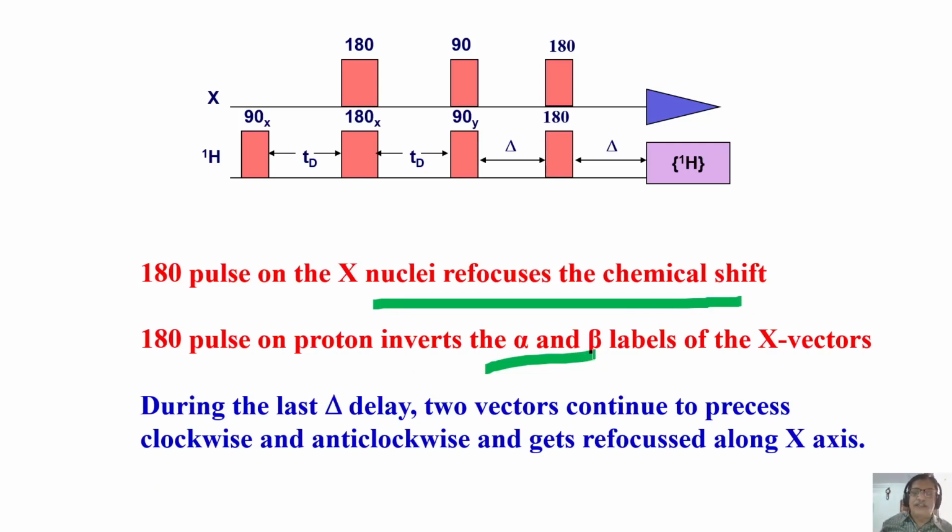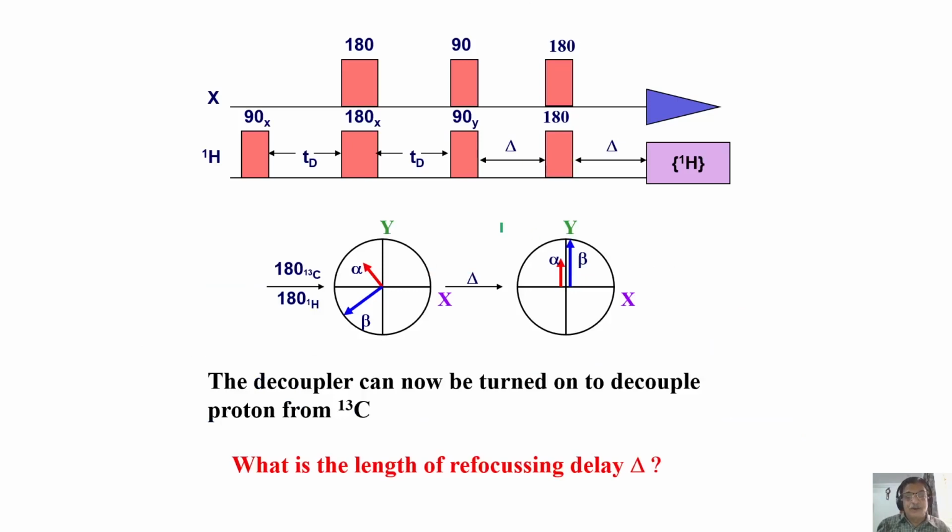When the labels get interchanged, in the last delay, the spin vectors continue to move in the same direction. After some time, both of them will get aligned along this axis.